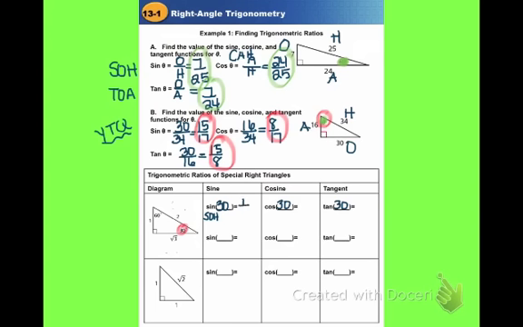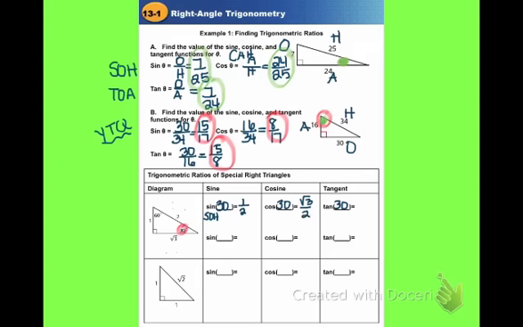And then the hypotenuse would be the side that has length 2. So my sine ratio for 30 degrees is 1/2. Well, what about the cosine of 30 degrees? Well, now we want to know the adjacent leg. The adjacent leg is the leg that is square root of 3, and then the hypotenuse is 2. So the cosine of 30 degrees is the square root of 3 over 2.